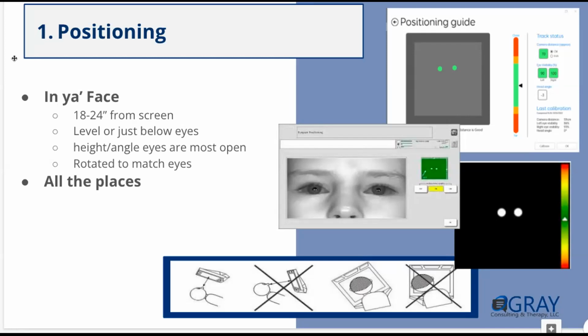So a lot of times it'll be tweaked. The other thing that I find really valuable if you're in the process of assessing someone is that you try it in other places. A lot of times, individuals who benefit from eye gaze also have a lot going on with their bodies.